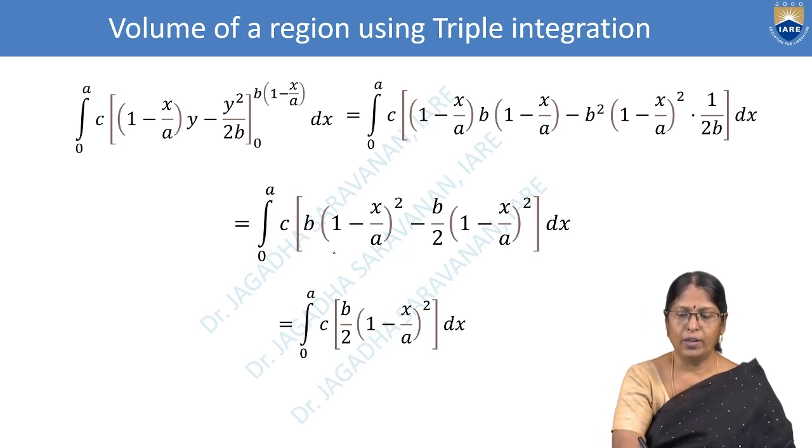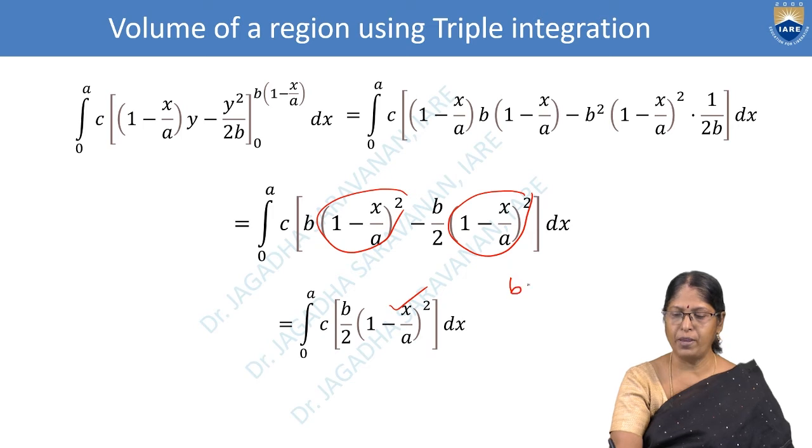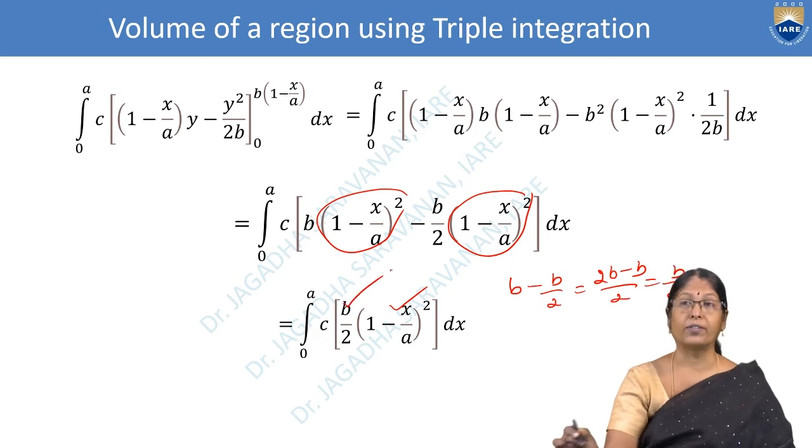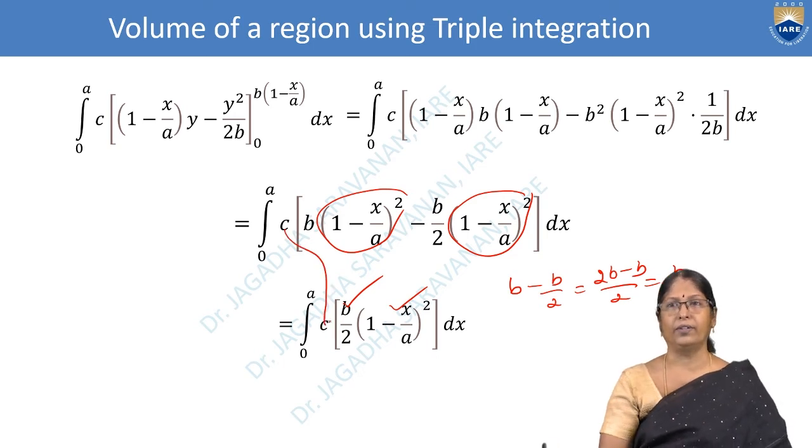Now here b is there. This is what I am circling. They are the common terms, so it is written here. The coefficient is b − b/2, which is nothing but b/2. The c is written as it is.